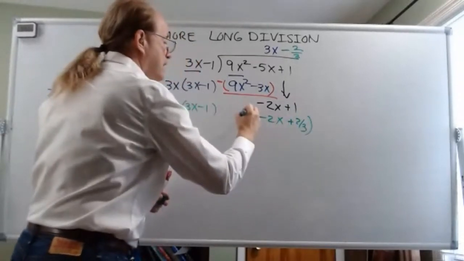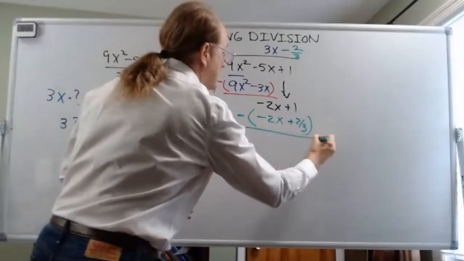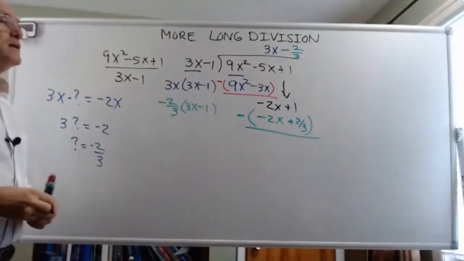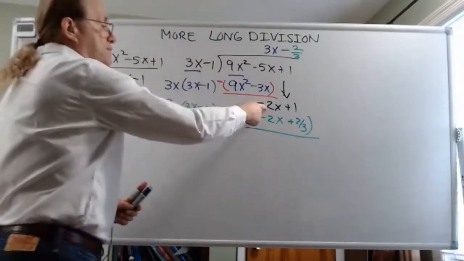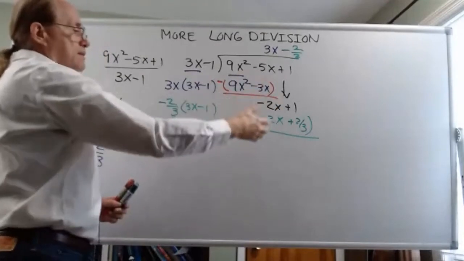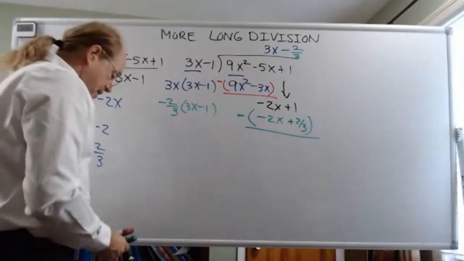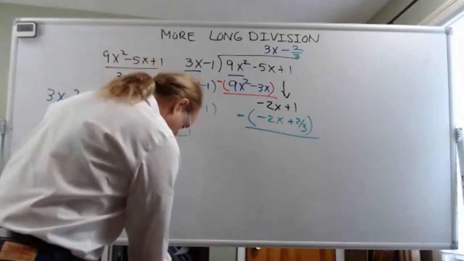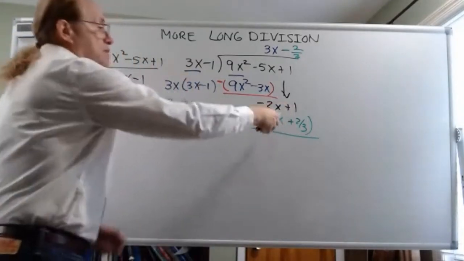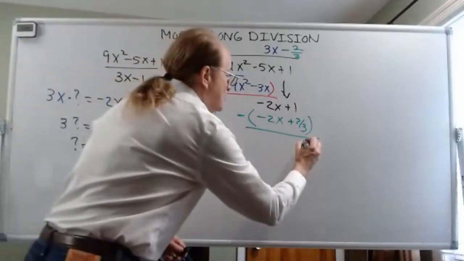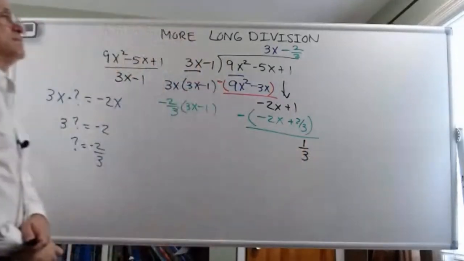But what do I want to do? I need to subtract that result. Okay, negative 2x minus a negative 2x is going to be 0. This is 1, subtracting 2/3. And that gives me a remainder then of 1/3. This is really 3/3 minus 2/3, so my remainder is 1/3.